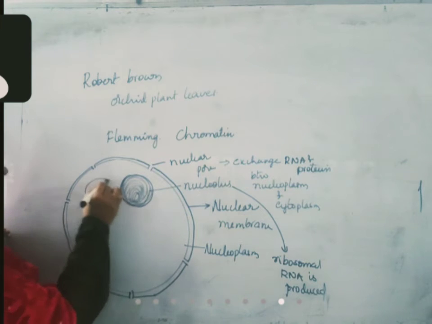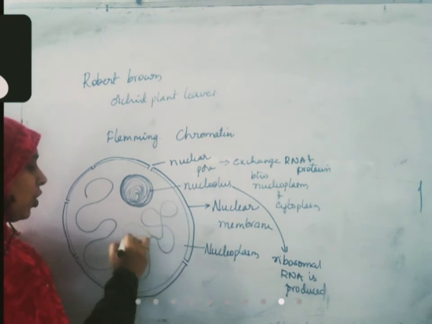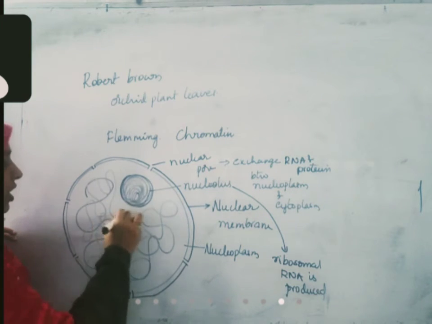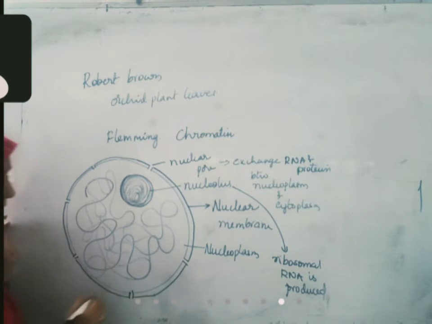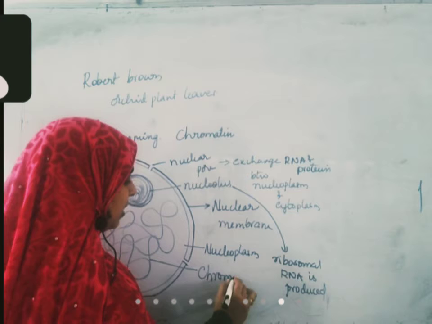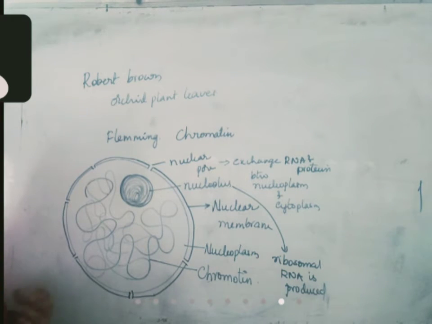Apart from that, the entire nucleoplasm is filled with genetic material. This genetic material is nothing but chromatin. This is the substance that takes the stain. When we observe the nucleus, we add some stains like crystal violet or methylene blue. That stain is taken by this chromatin.